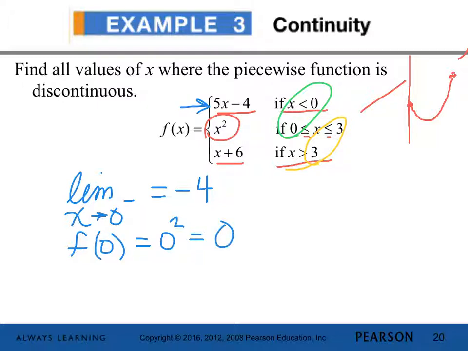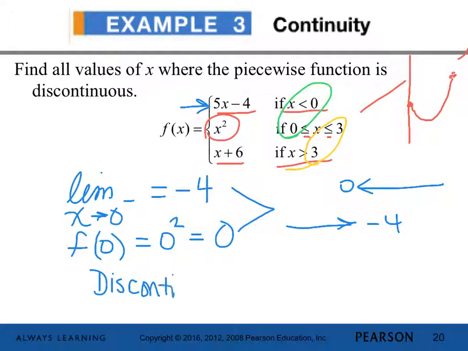So since the function is defined to be 0 and the left-hand limit is negative 4, and negative 4 is not the same as 0, then we got a problem. And that means the function is discontinuous at x equals 0.